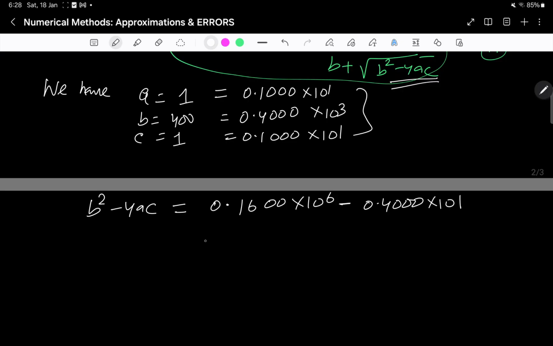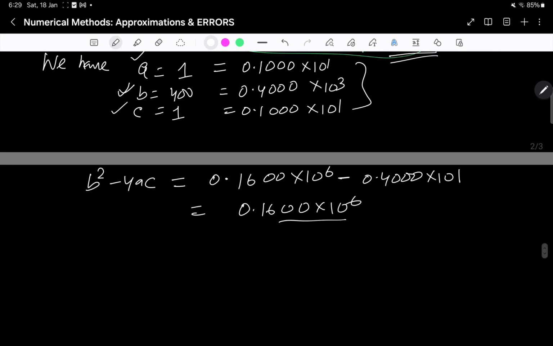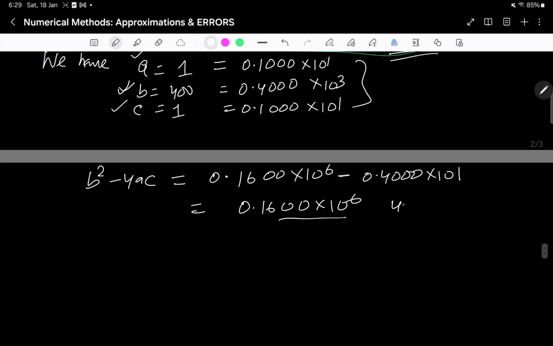If you subtract it, it will be 0.1600 into 10 to the power 6, because b square is a very large number and 4ac is very small. Up to 4-digit arithmetic, if you subtract it, it will be this much, up to 4-digit accuracy, okay.